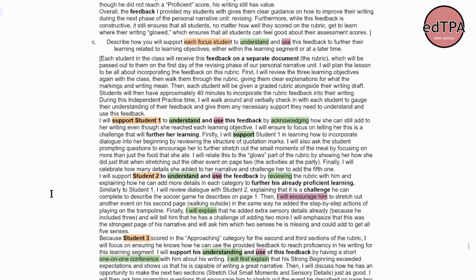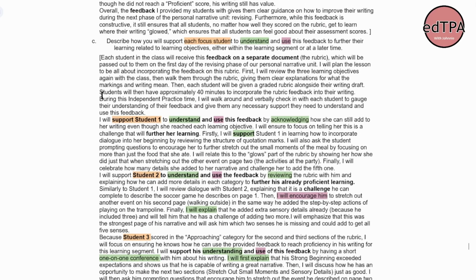If we go to C now, describe how you will support each focus student to understand and use the feedback. Here's focus student 1, understand and use the feedback. This is how this person will support them, and acknowledging how they're going to be doing this.